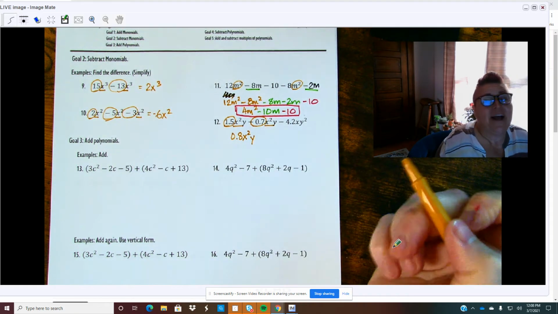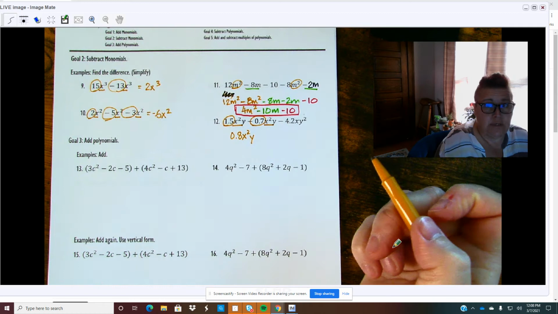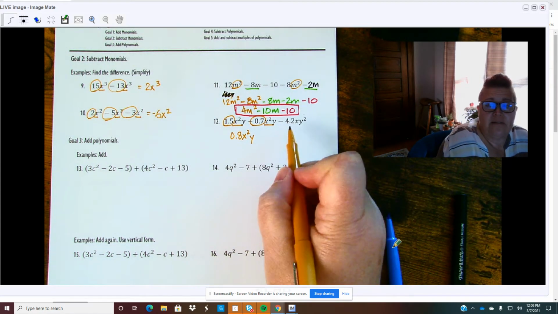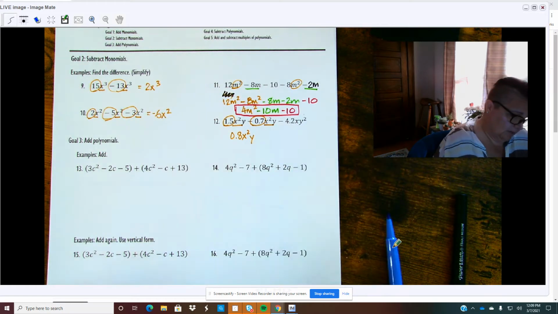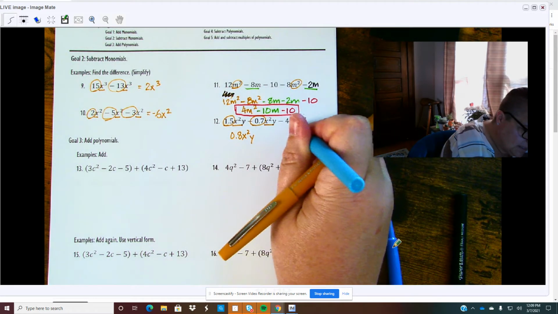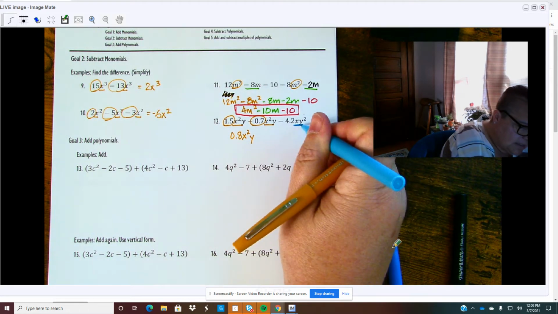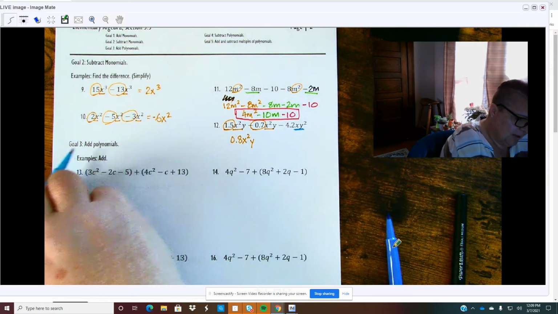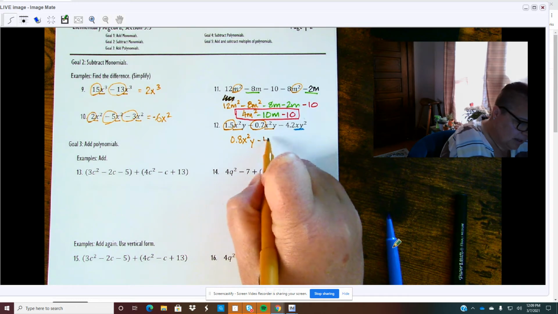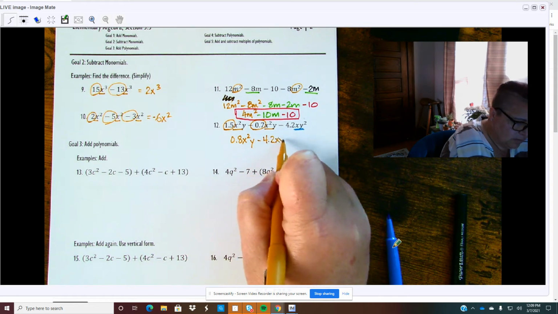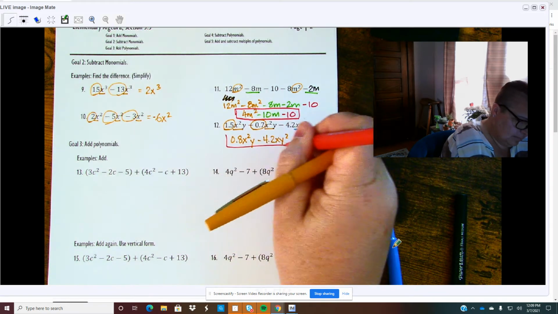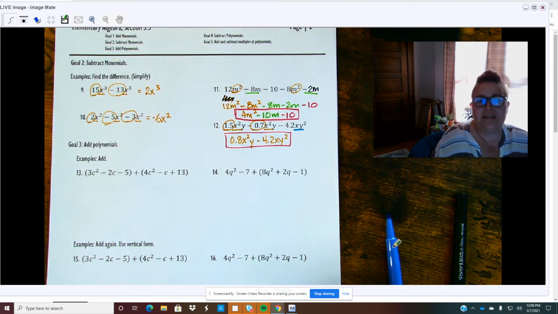And again, I have practiced doing this, so if you need a calculator, please do not hesitate. Use that calculator. And then I've got a minus 4.2xy squared. This is a different power than these, so I cannot do anything, and I would just leave it minus 4.2xy squared. All right, fantastic.